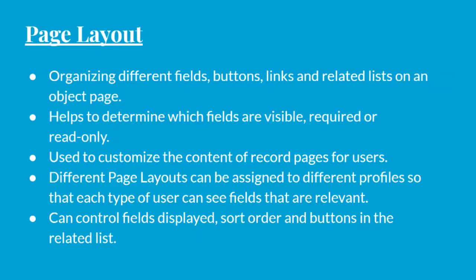Whenever you click on a tab of any object, the page which opens is a page layout, where you can organize different fields, like where a particular field has to be on the page, whether it should be in one section or another, where the buttons should be located, where any external links should be seen, and whatever related lists will be displayed for that object, and what all fields have to be in that related list.